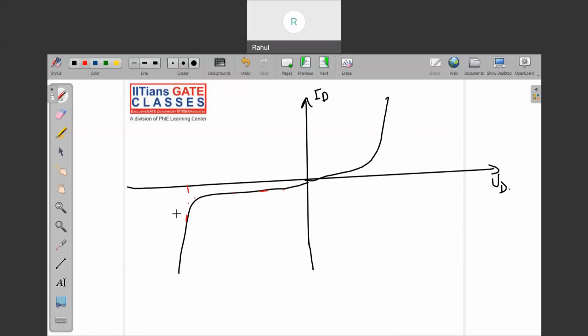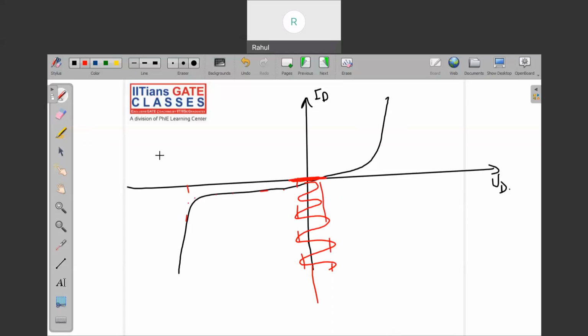Remember, if we apply any kind of signal about this point, whether large or small, you will get 0 output.